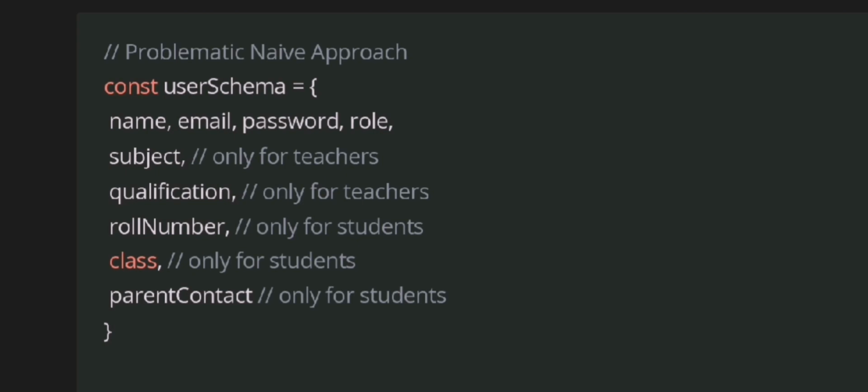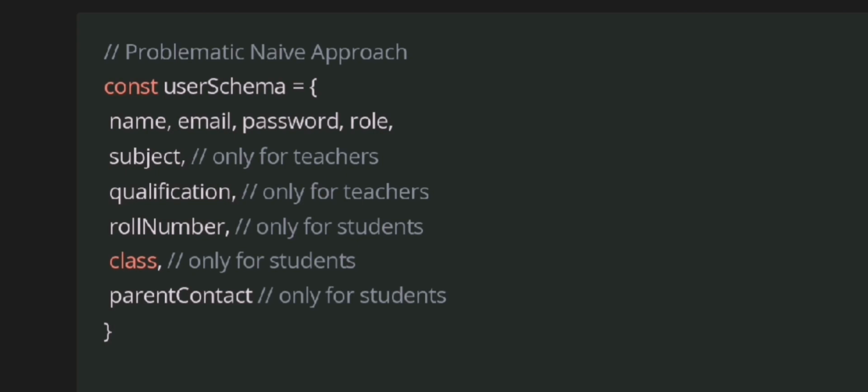This creates a messy and inefficient structure. Every teacher record would have empty student fields. Every student record would have empty teacher fields. And what happens when we introduce a new role, like an accountant? We keep adding more fields.